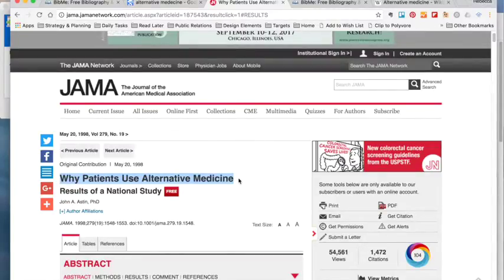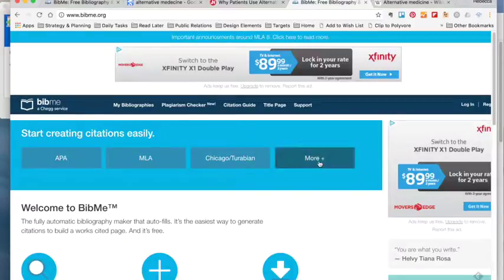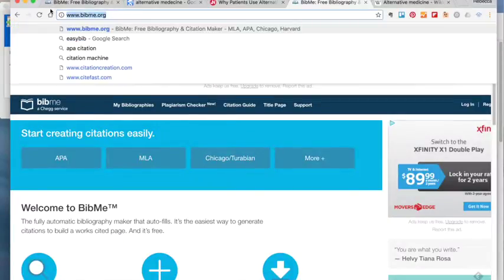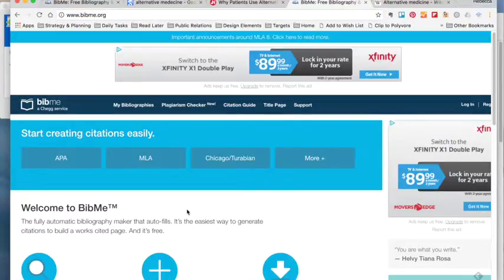For this particular example, I'm going to try copying the title of the article, so I've copied it, and then I go to bibme.org. There's a lot of these, like Citation Machine and lots of different kinds, but this is the one I like, bibme.org. So now I'm on bibme.org, and for our purposes, we use APA.